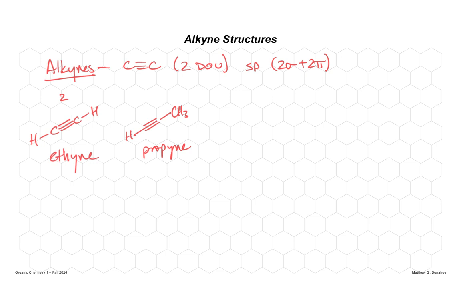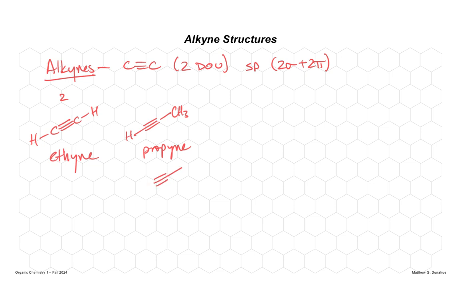I've explicitly shown those hydrogens, but I could also draw it like this. And students will often get confused about this representation here. Just remember that that's a carbon at the end bonded to another carbon. So that's a carbon right in the middle there.